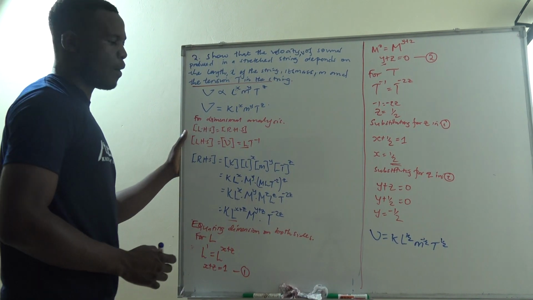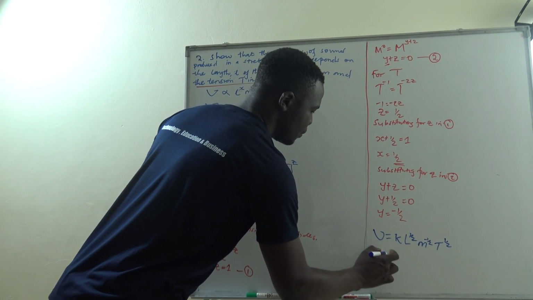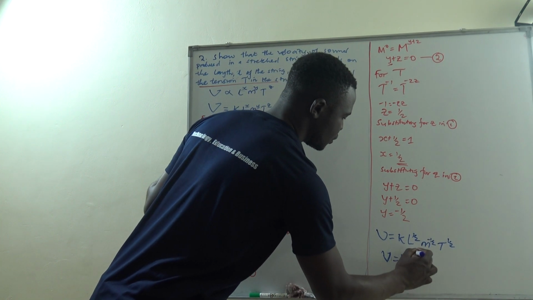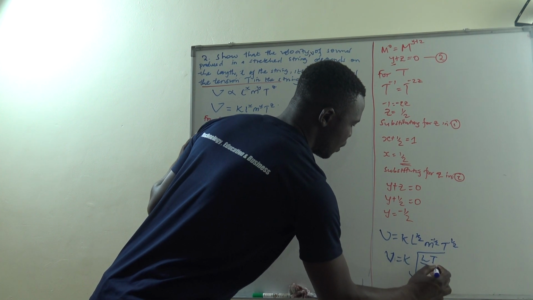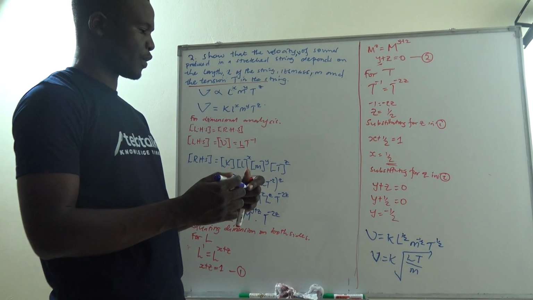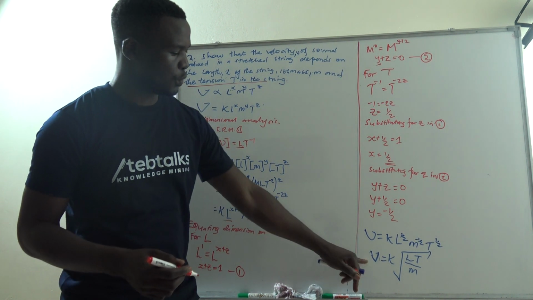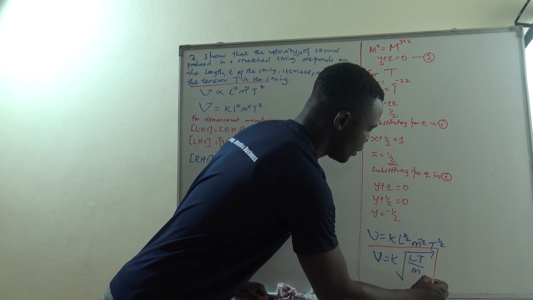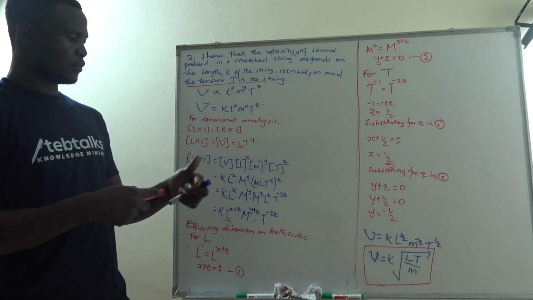But we know anything power half is the same as putting it under root. Therefore, my velocity v is equal to k root of L times tension T over mass. So this is the expression that we are talking of. And if you remember, we were at one time asked to show that such an equation is dimensionally consistent. So this is the expression they wanted us to derive.